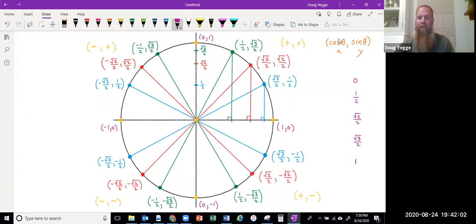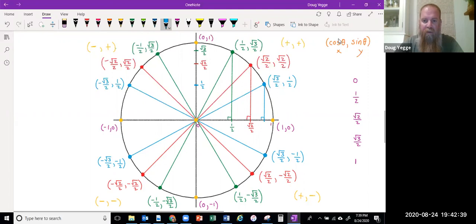And I can see that that same thing happens when I end up going in the x direction. As I go from 90 degrees to 0 degrees, I can see that the x coordinate goes from 0 to 1/2 to √2/2 to √3/2 to 1, which is why as we move along the y-axis, again, this is 0 and this is 1, which is why this value on my x-axis is √2/2 and √2/2 and √3/2.